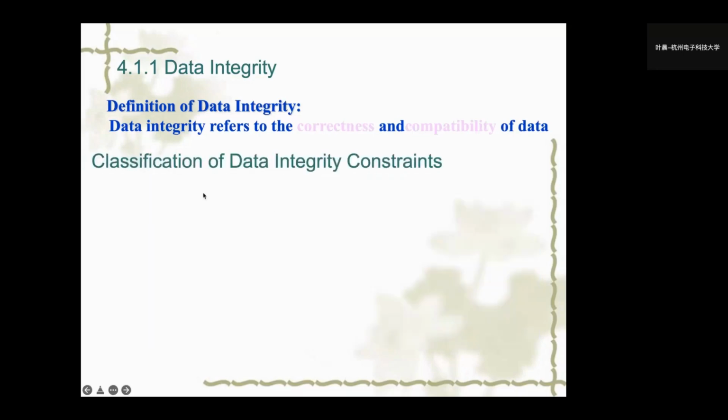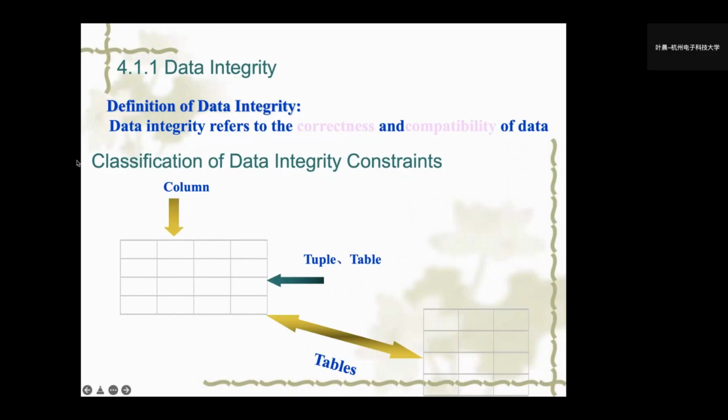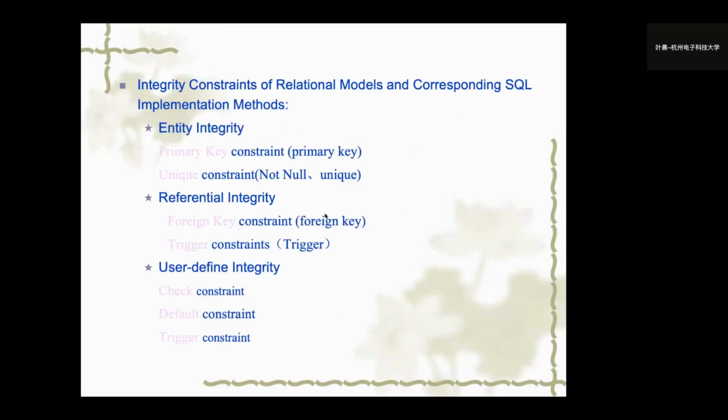We have the classification of data integrity constraints. It is about the column, about the tuple and the table, and also about the constraints among multiple tables. So we have several kinds of data integrity constraints.